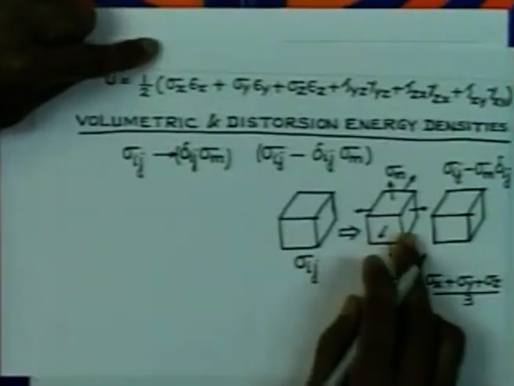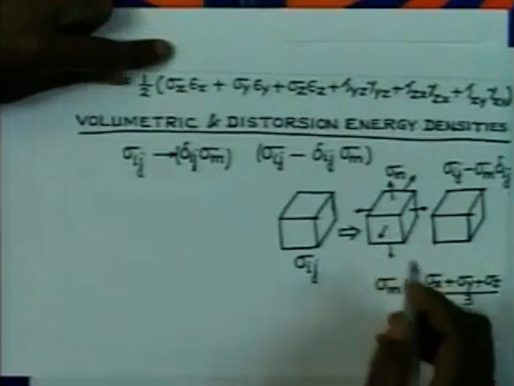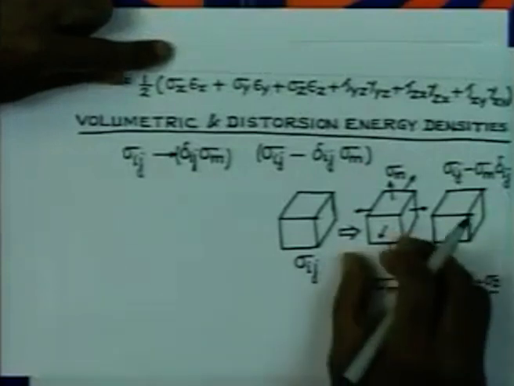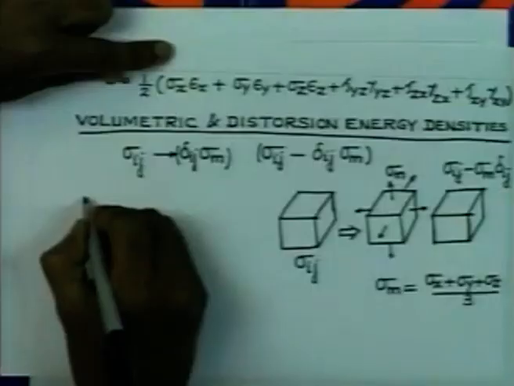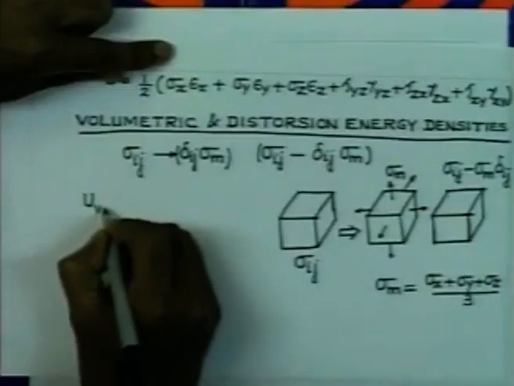So, if we want to calculate the strain energy density due to the volumetric part, then we will have this uv.